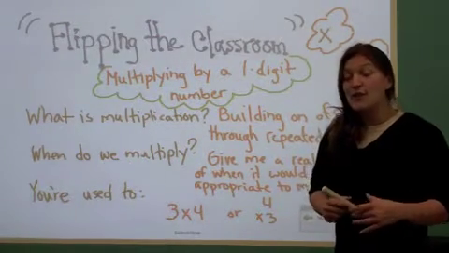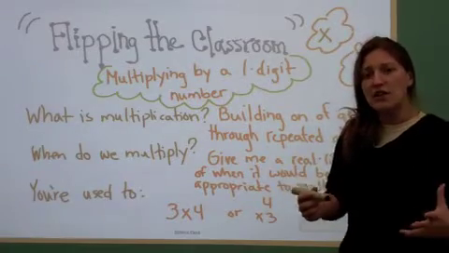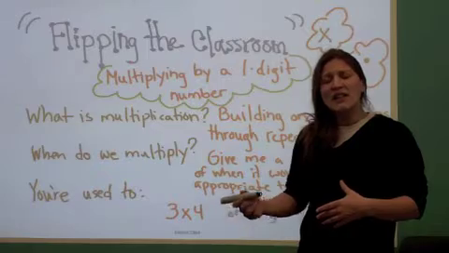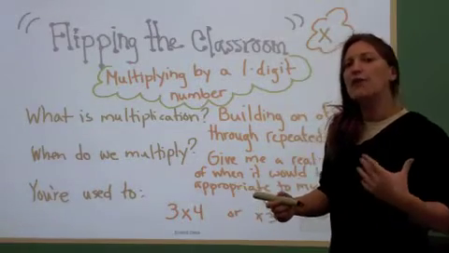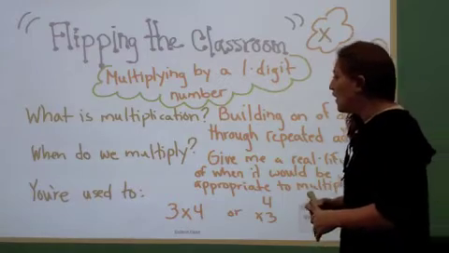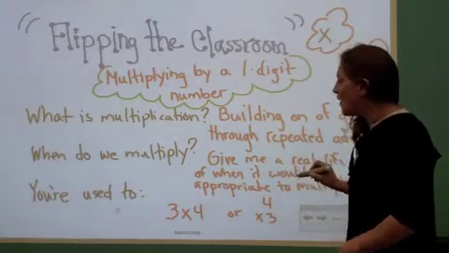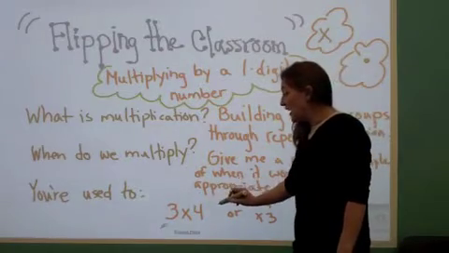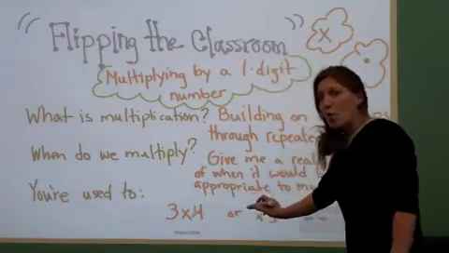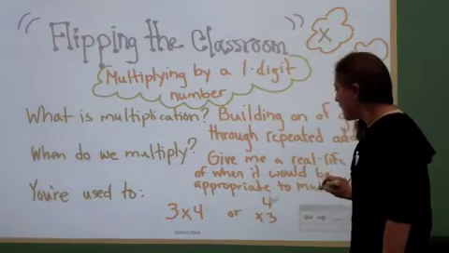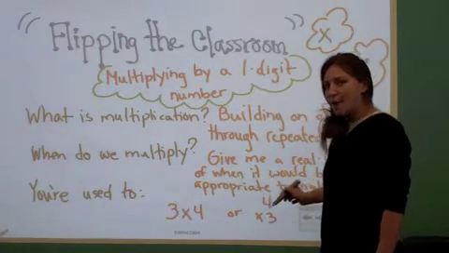Okay, so now that you have an understanding of when you would use multiplication in the real world, let's go back and see what you've been used to seeing in multiplication. A lot of times when we talk of multiplication, we see multiplication problems written like this: 3 times 4 going left to right, or 4 times 3 going up to down.